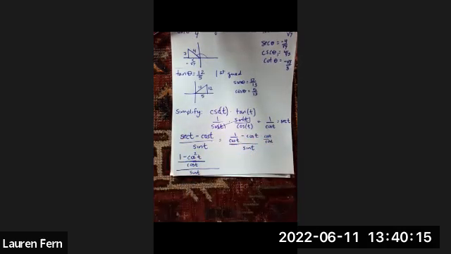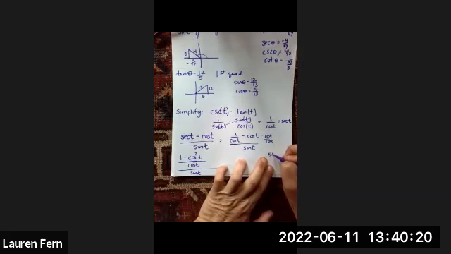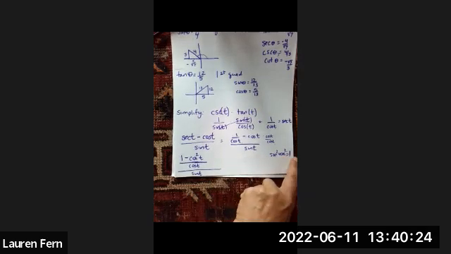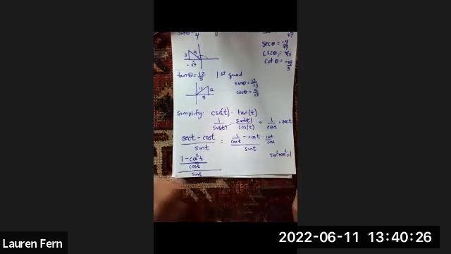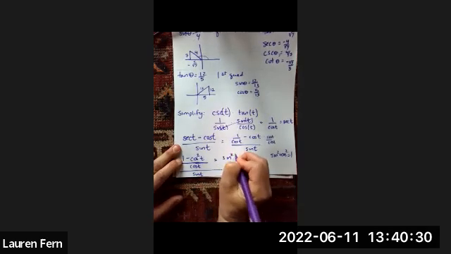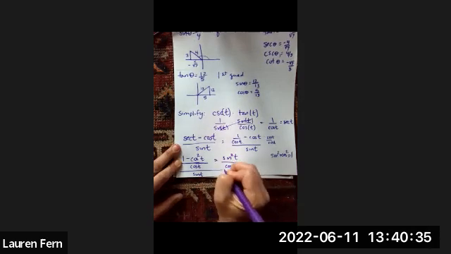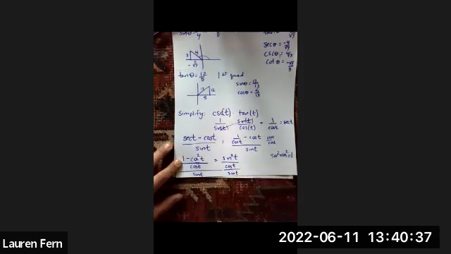Cosine times cosine is cosine squared. Well, friends, if sine squared plus cosine squared is 1, I can scoot my cosine squared over, and I claim that 1 minus cosine squared is the same as sine squared. Right?